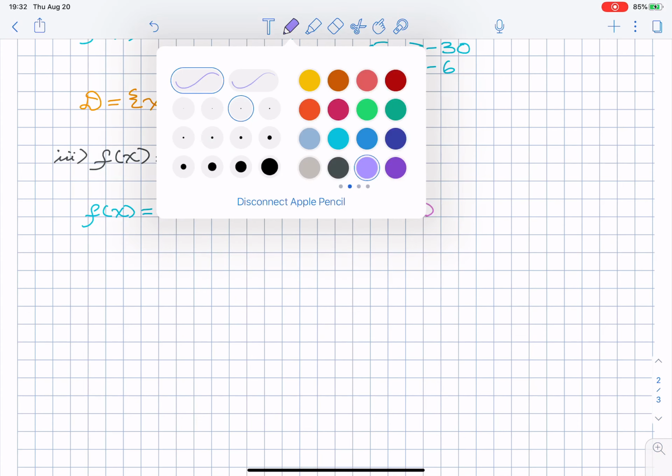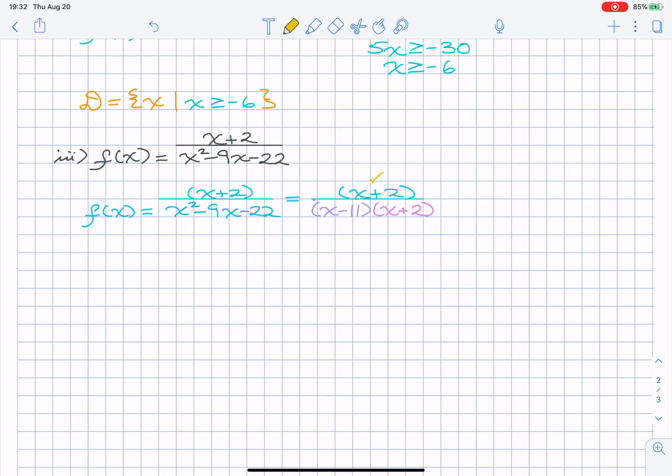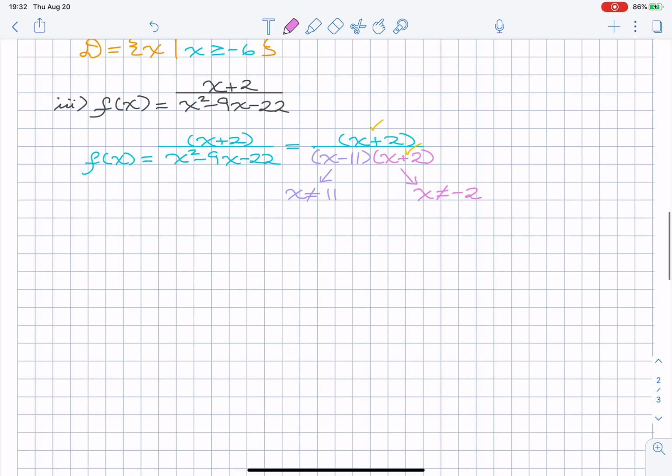So notice that I could reduce x plus 2 over x plus 2. But my domain must exclude even that which I can reduce. So you might think, oh, the domain is simply x cannot be 11. But even though I can reduce it, the original function is not in reduced form, which means I have to keep x cannot be equal to negative 2 as part of my domain.